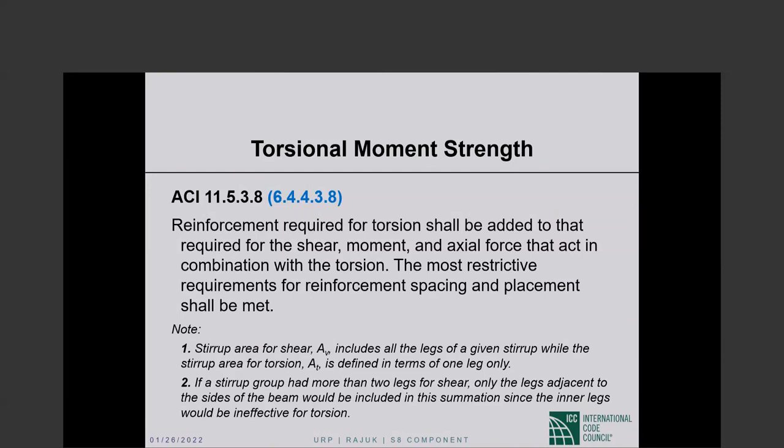So the two important notes. Stirrup area for shear A sub V includes all the legs of a given stirrup. Okay, if you have 3 legs, you get the area of 3 legs. While the stirrup area for torsion A sub T is defined in terms of 1 leg only. Okay, torsion.